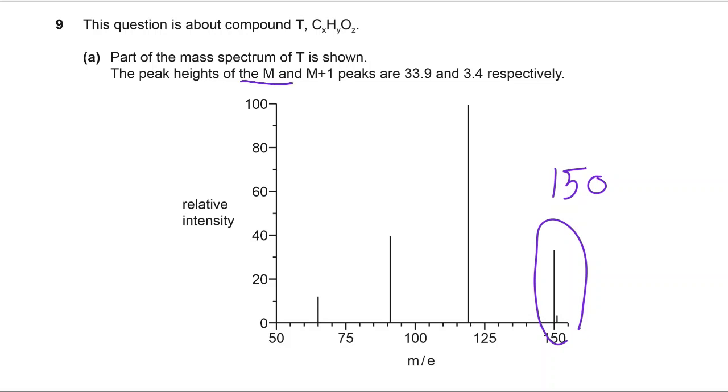Here we have two pieces of information: the peak height of M, which is 33.9, and M plus 1, which is 3.4. By using these two, we can calculate the number of carbons. How?